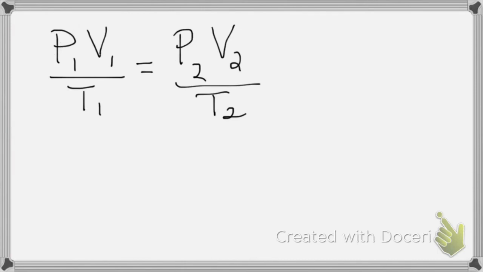And finally, we can look at Gay-Lussac's law, where we are saying that the volume is constant, like in an aerosol container. Volume 1 equals volume 2 if we have a rigid container. And that would leave us with Gay-Lussac's law, P1 over T1 equals P2 over T2.